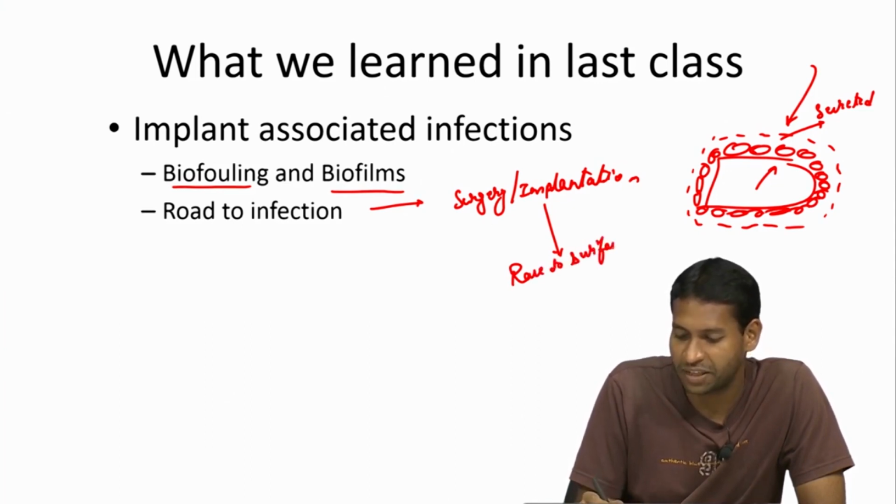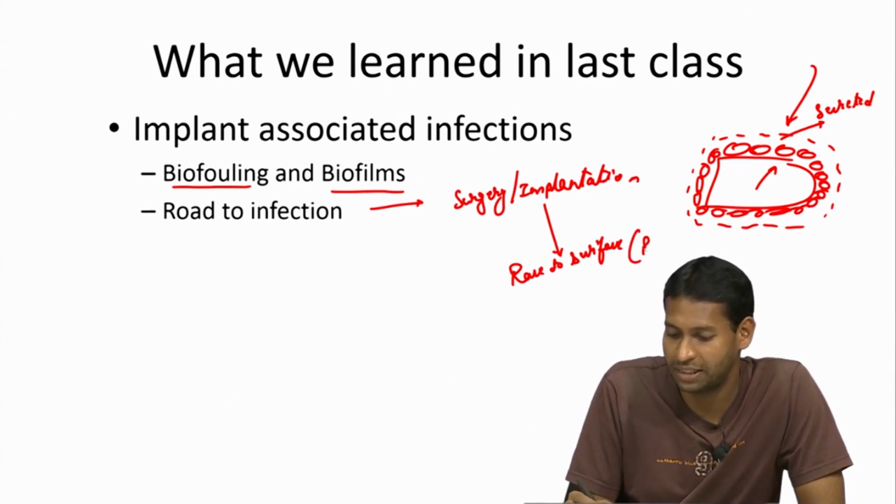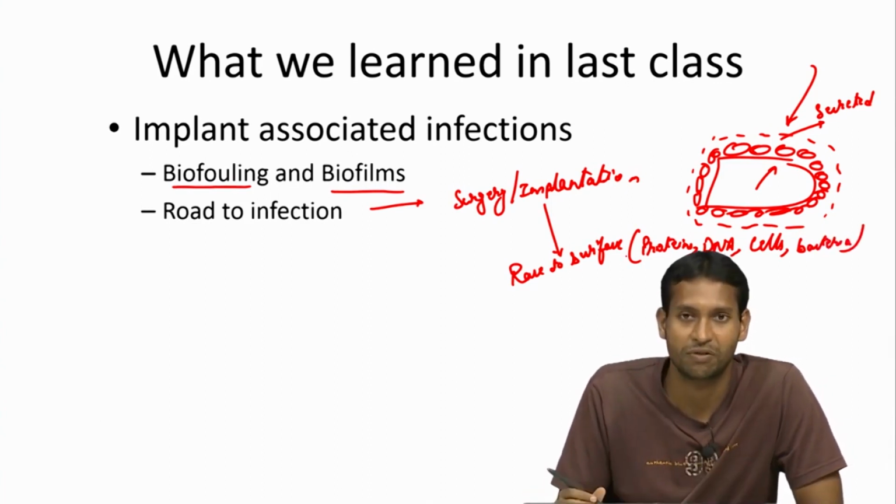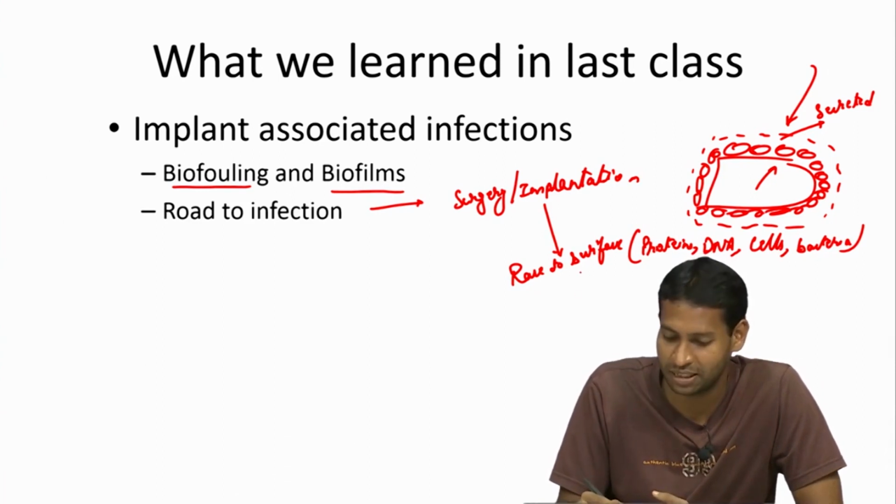When I say race to the surface, that means all proteins, DNA, cells and the bacteria or any other kind of pathogen are racing to the surface to see which one comes first, and we are going to talk more about this.